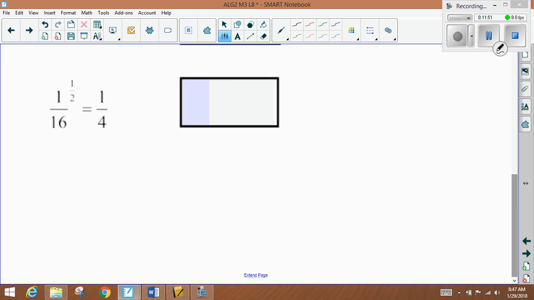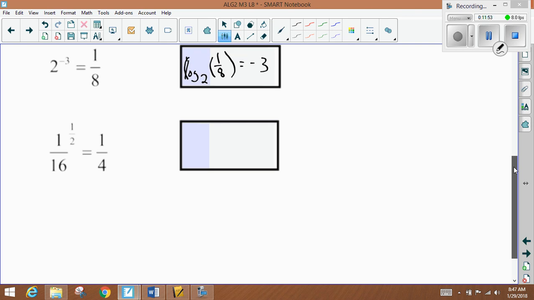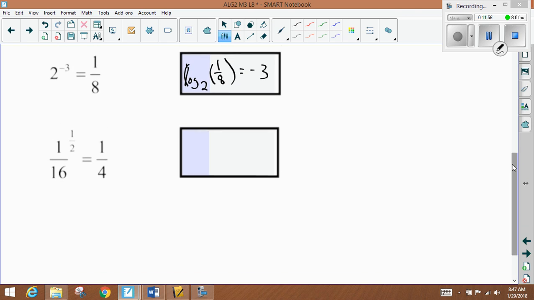All right, and lastly, log base 1/16 of 1/4 is equal to 1.